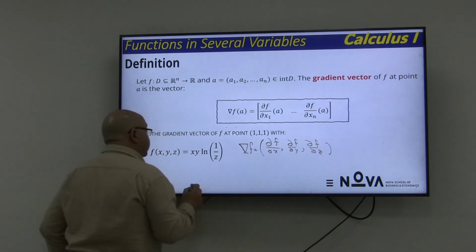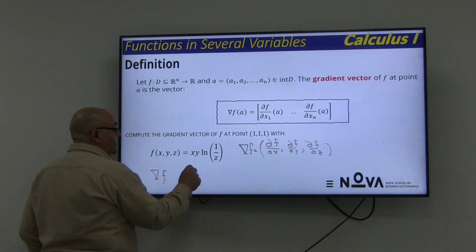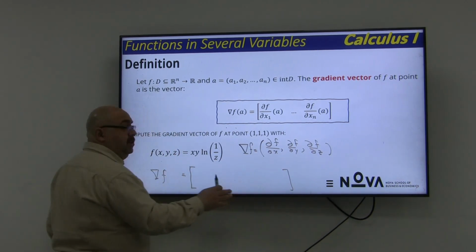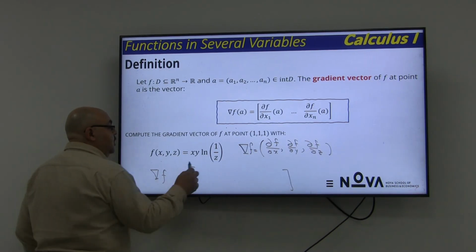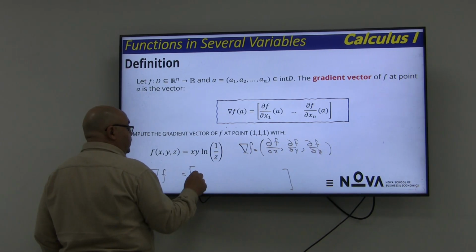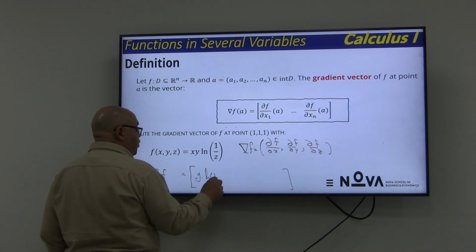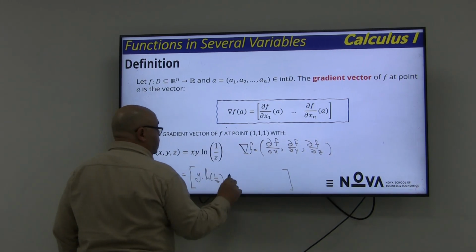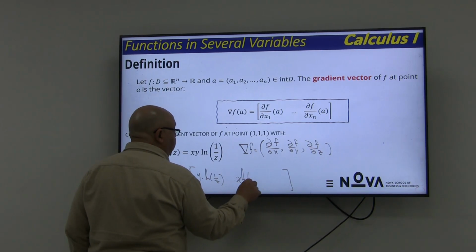Let's do it together. So it's going to be the gradient vector of f. You can write it in matrix form or in coordinate form. If it is in matrix form, differentiate with respect to x. x is going to be equal to 1, so it's going to be y times ln of 1 over z. Then differentiate with respect to y. It's going to be x times ln 1 over z.